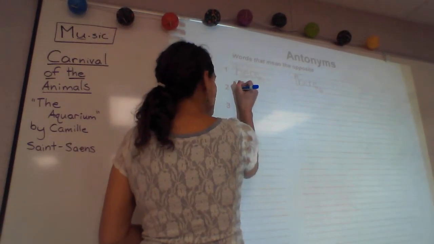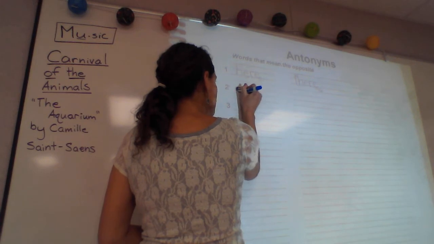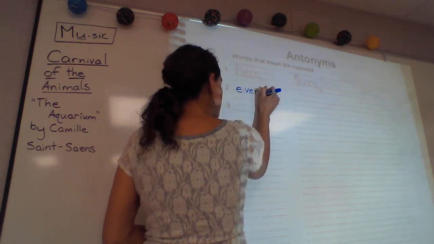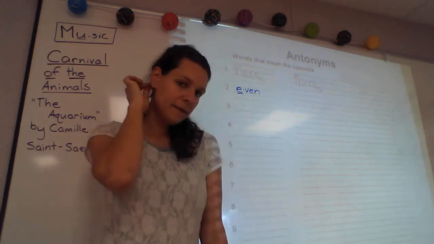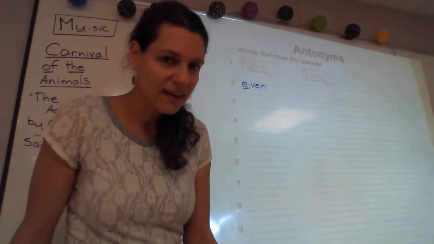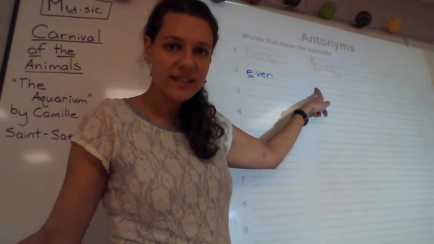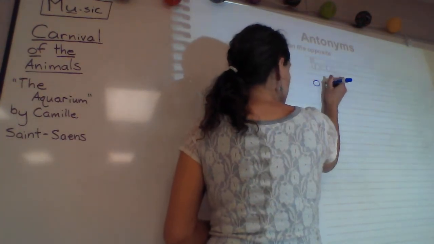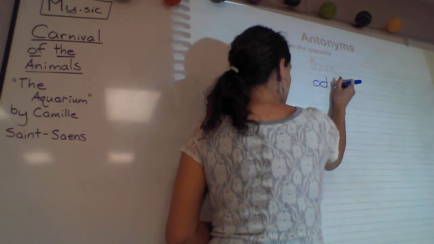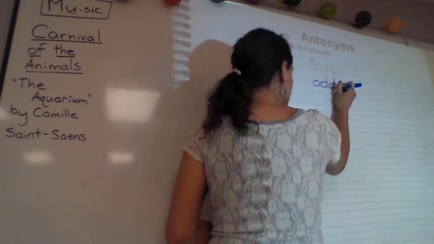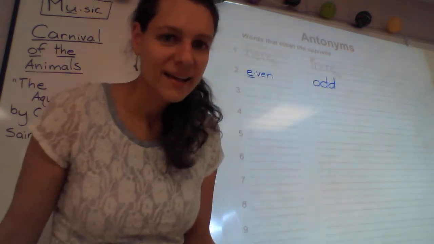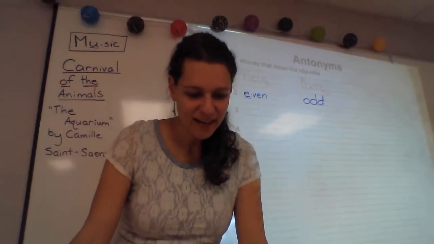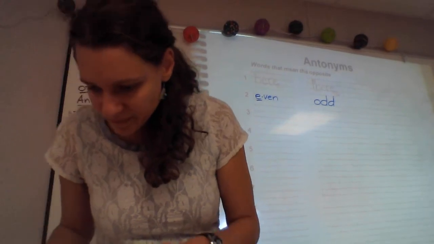Say the sounds while you write them. All right, even. Now what do I need to write over here to spell odd? Good, odd. And another d. All right, that is our even and odd.